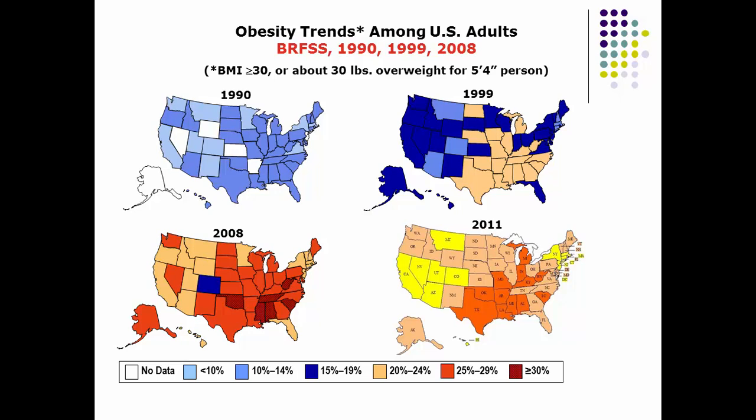And this map just shows you how fast the rate of obesity is growing. If you compare to 1990, we were very skinny, right? But now you see that in almost all the states in the USA, the rate of obesity has gone up a lot during the last decades.